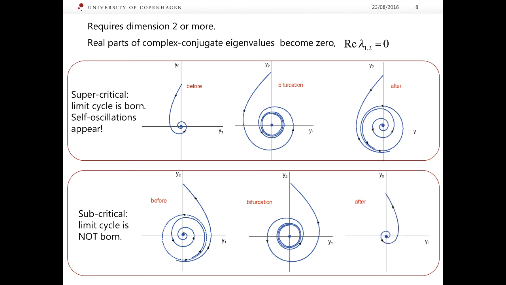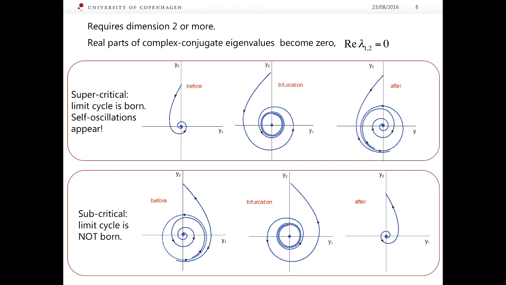However, after the bifurcation, although the fixed point changes its stability and becomes an unstable focus, just like in the previous case, no limit cycle is born, which means that there are no sustained periodic oscillations in the system.